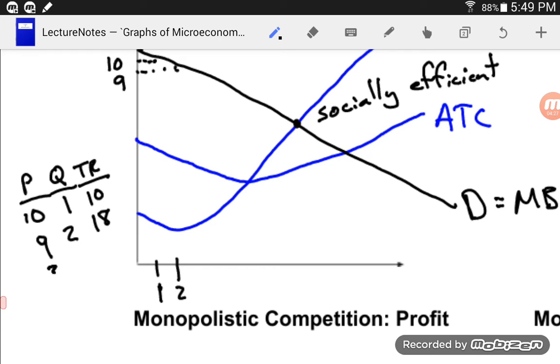If I went to, say, 3, and let's pretend that's all the way down to $8, if I sell 3 at $8, then my total revenue would be 24, and my marginal revenue, the difference between selling 2 and 3, is only 6.